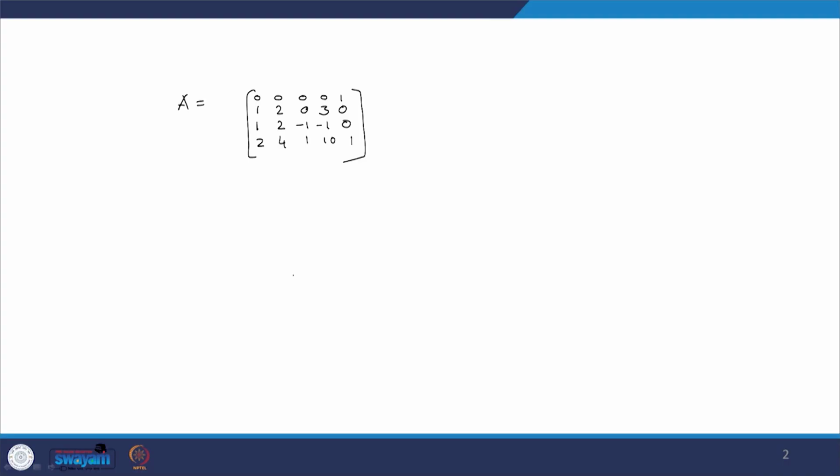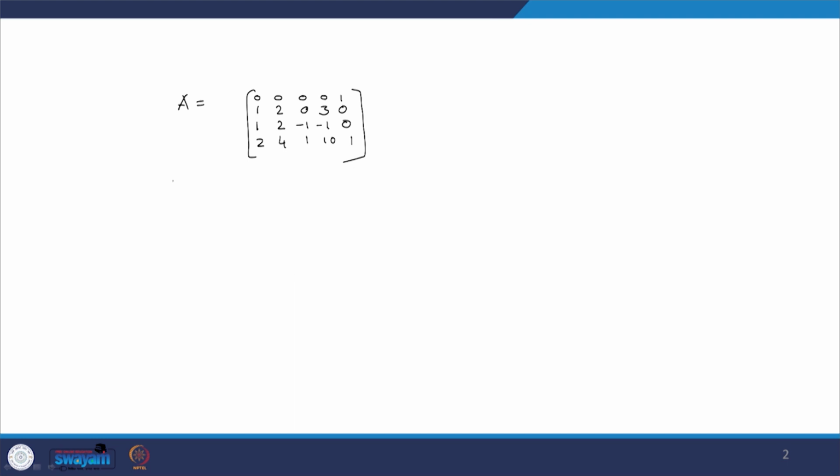Let me quickly take an example and show it. For this, let me consider a matrix A of order 4 cross 5, which is given like this. Now, this matrix is not a row-reduced matrix because it does not satisfy the criteria of a row-reduced matrix.